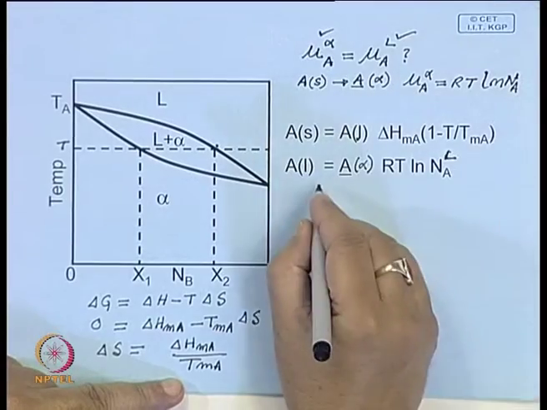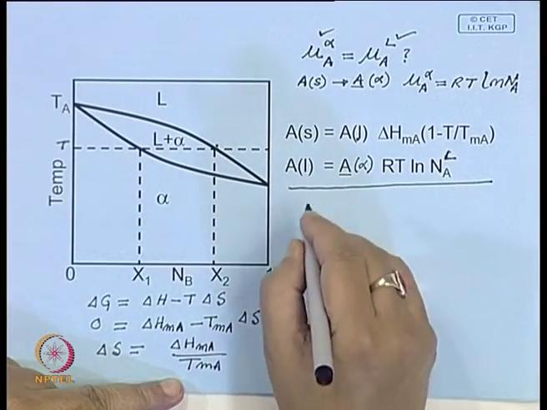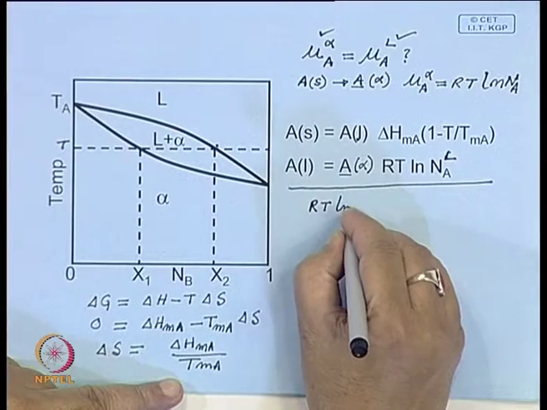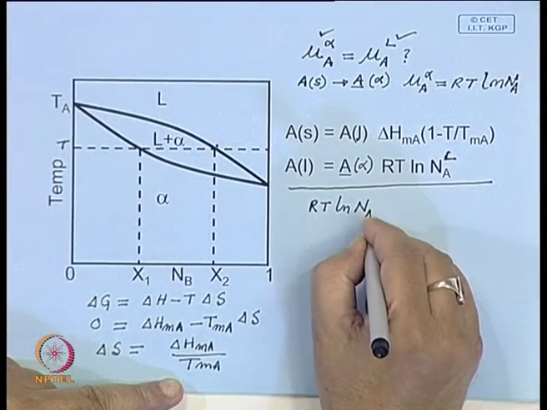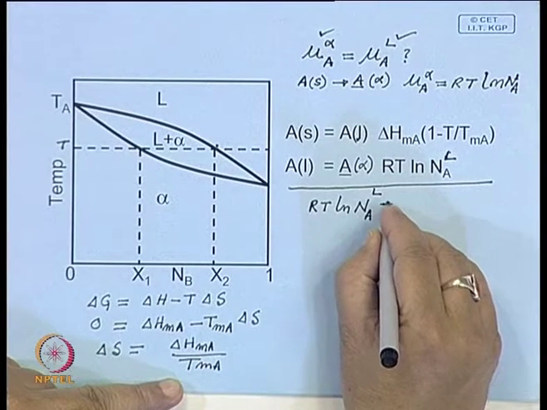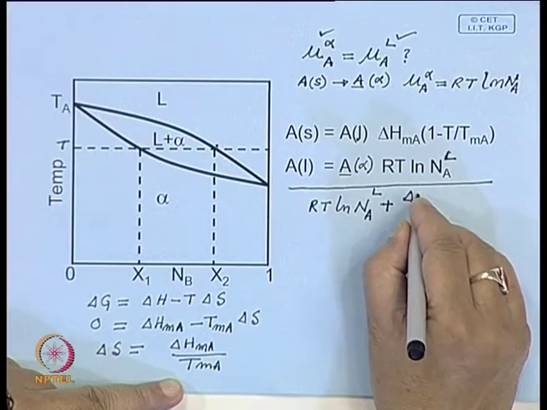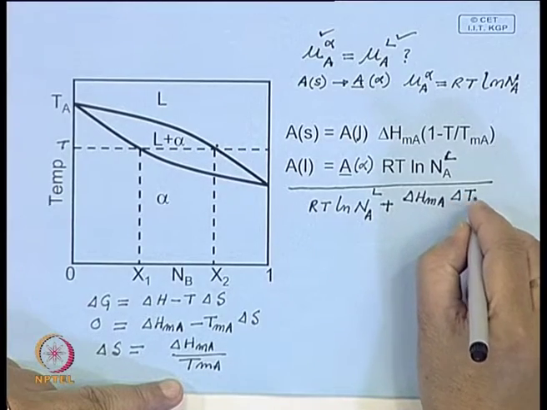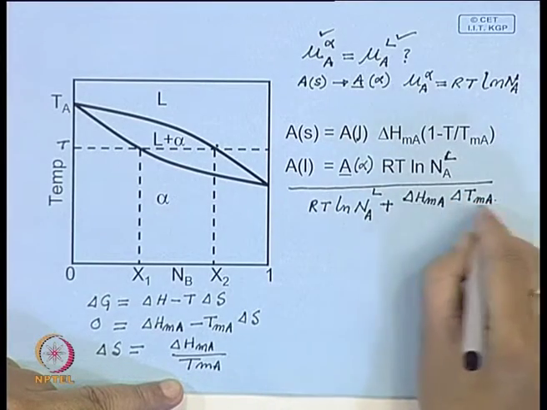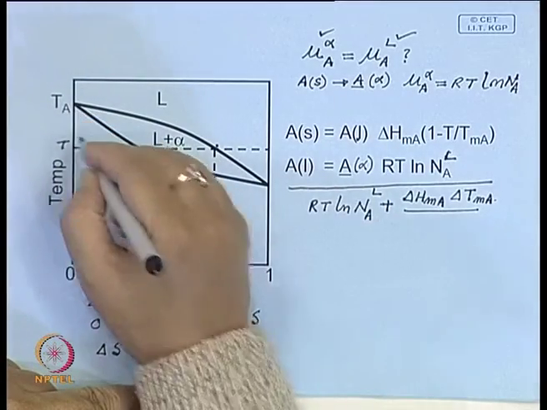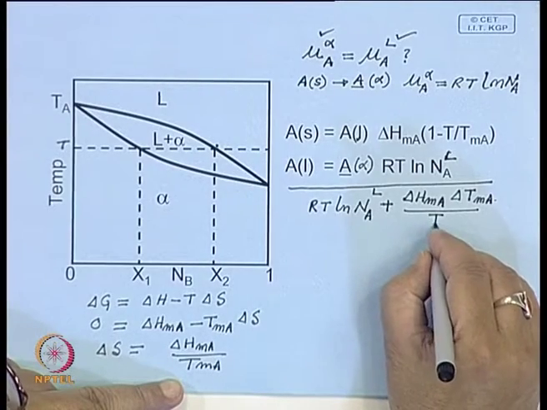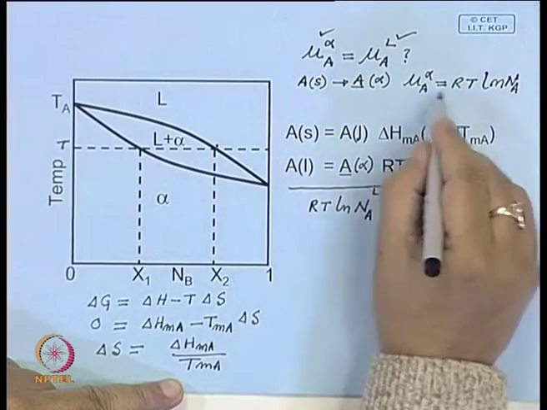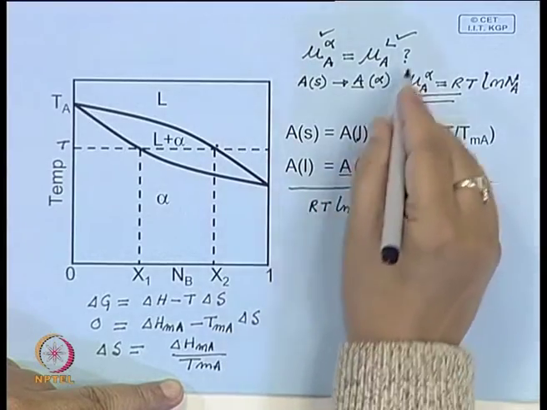Now, you add the two, and what you get is RT ln N A in L plus delta H m A, which you can also write with delta T with reference to the melting point of A, the temperature difference from here to here, over the melting point. And this is mu A L.